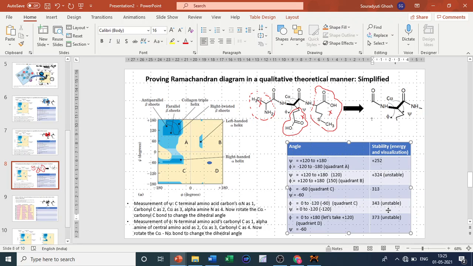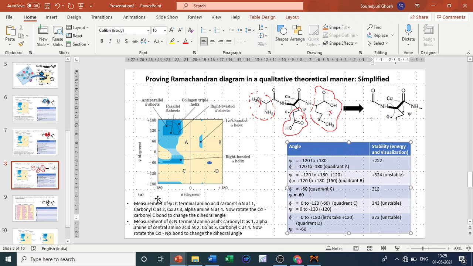These others are somewhat unstable. This particular one, quadrant C right here, was stable, so that gives rise to some of the structures right here. Other than that, these are mostly unstable, which explains why there are mostly no other structures in this region.